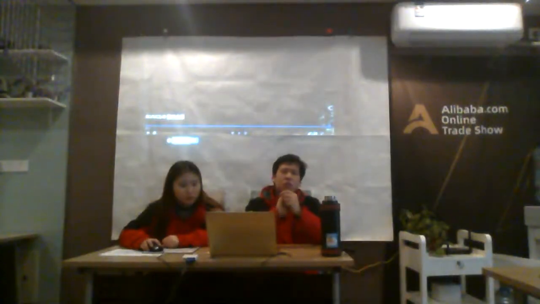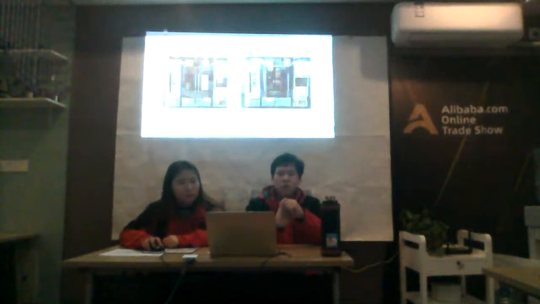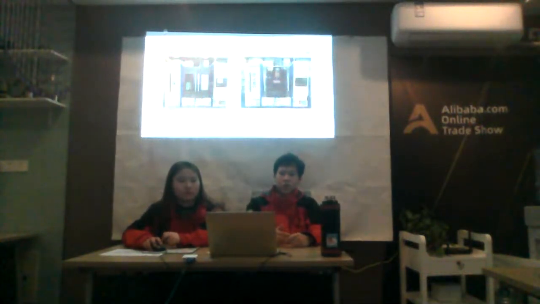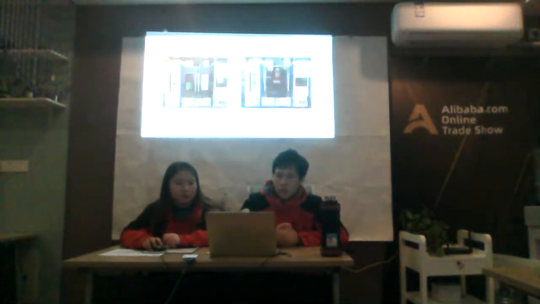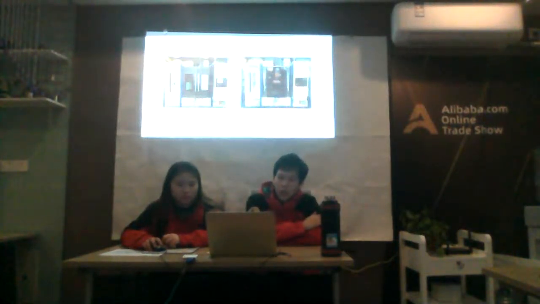So this is basically the machine structure of the VMC 640, and you can see the machine columns. There are pictures showing you all the axes that are moving. It can move up and down and horizontally, also in a slope direction.